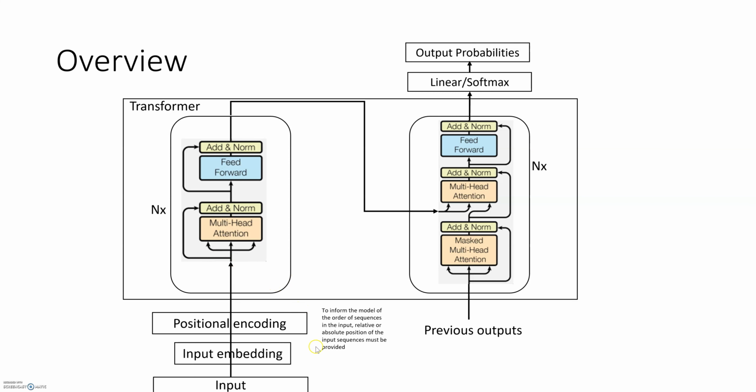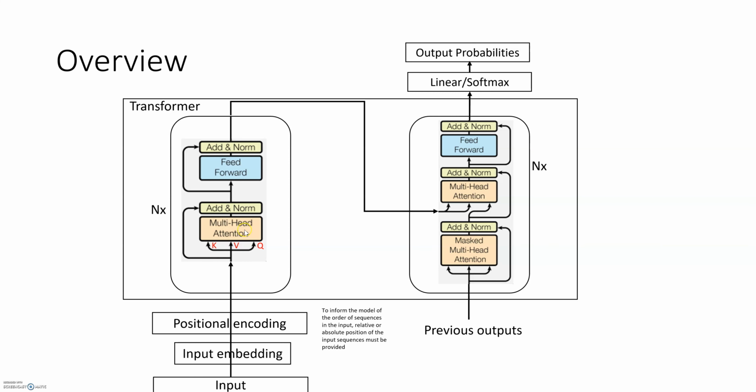So what happens is the input, which as we saw in the previous videos, we represent as key, value, and query. These three refer to the same input when we do the self-attention.